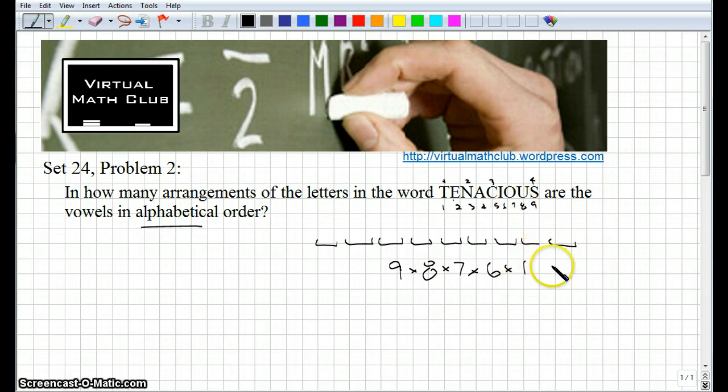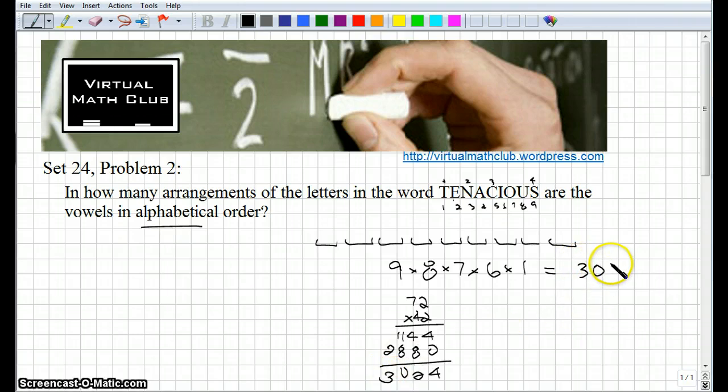Then we get 9 times 8 is 72 times 42, right? 6 times 7 is 42. If you multiply that out, we get 3024.